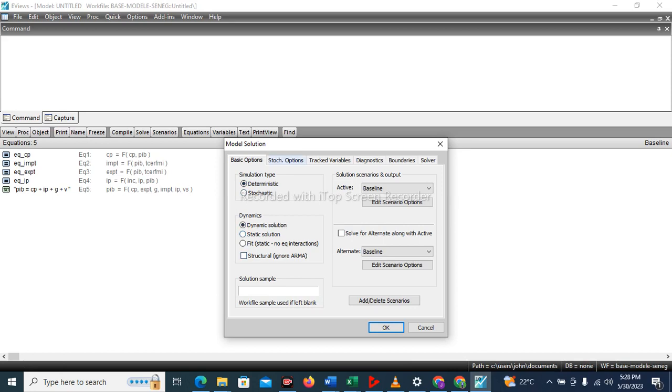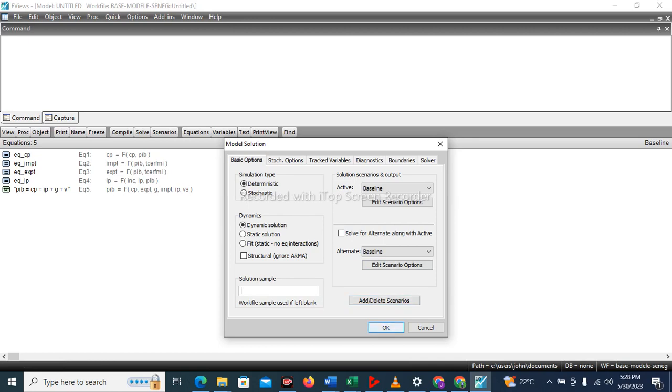I'll be covering a video in detail about stochastic and static solution. But for now, we are going to deal with deterministic and dynamic solution. Of course, the solution sample you can leave blank, but if you wanted to work on a shorter sample, you can just specify it there.